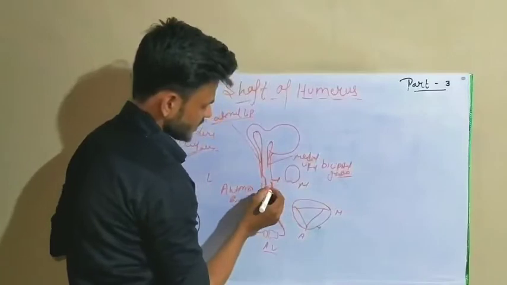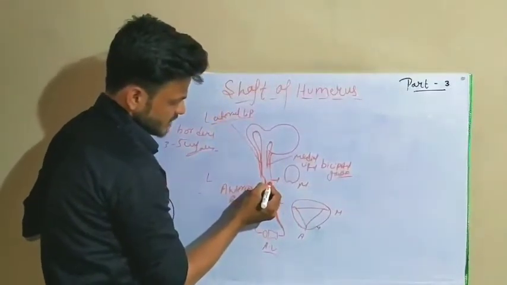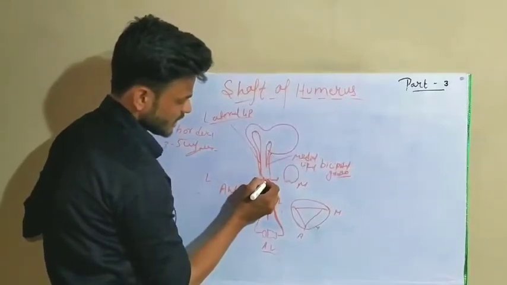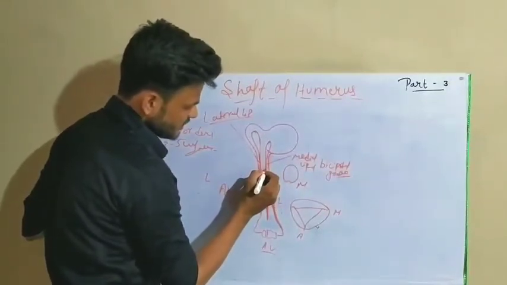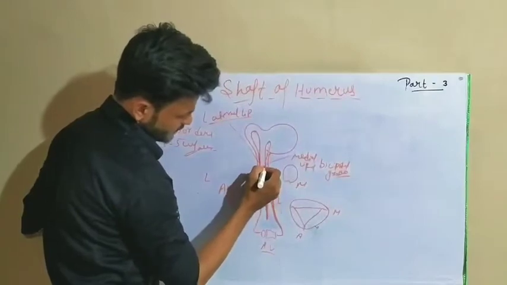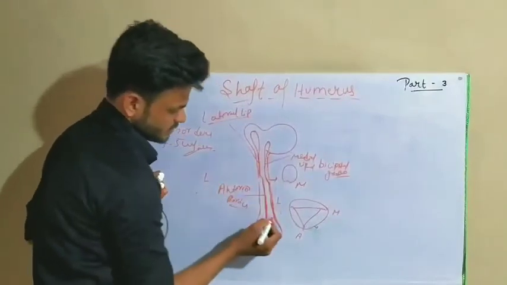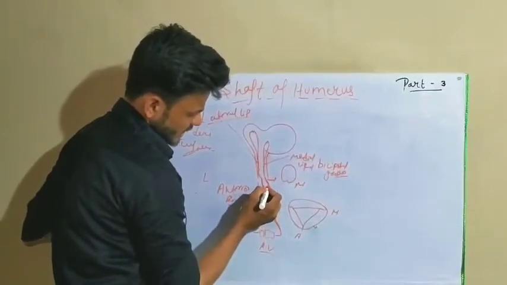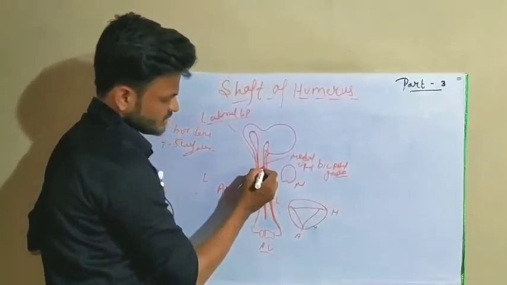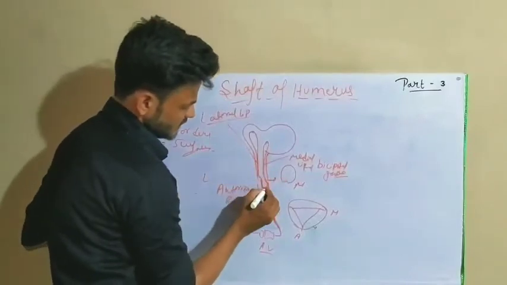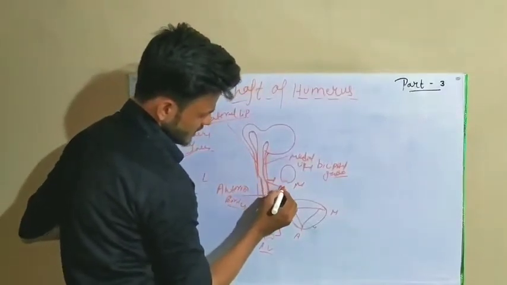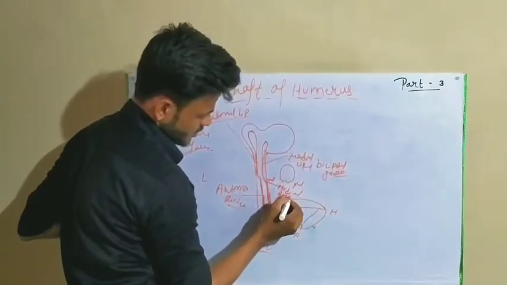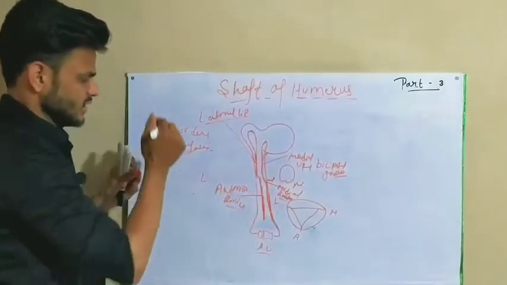At the level of the upper half, it merges with the medial lip of the bicipital groove. This border is called the medial border.